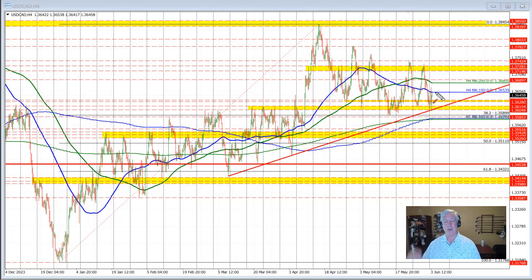The dollar Canada moving higher, the Canadian dollar gets weaker when that happens. And that runs counter to a lot of the other currency pairs, where the dollar is once again getting weaker and the foreign currency is getting stronger. So the Bank of Canada interest rate decision may be in play, especially in light of the fact that the dollar Canada moved lower last week. Canadian dollar getting stronger ahead of that rate decision.